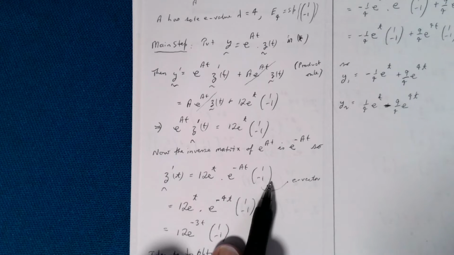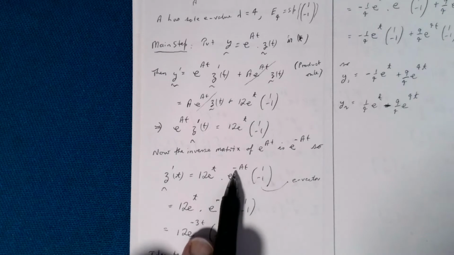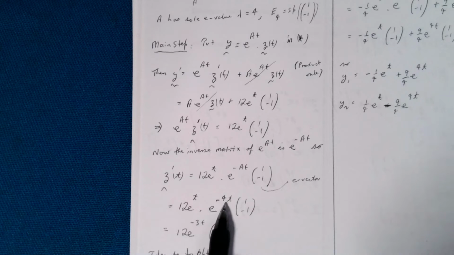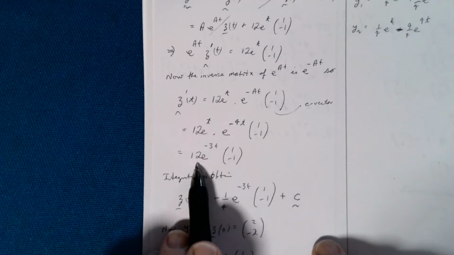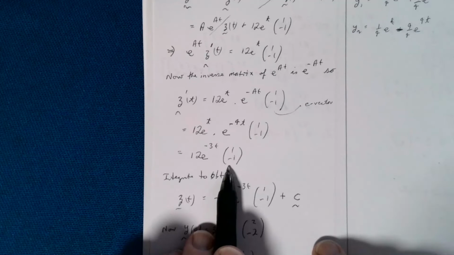I'm just replacing t with minus t. So I'm going to get e to the minus 4t, minus because of the minus here, and the eigenvalue is 4, multiplied by the eigenvector (1, -1). And I can combine these together, so I get 12 e to the minus 3t, (1, -1).